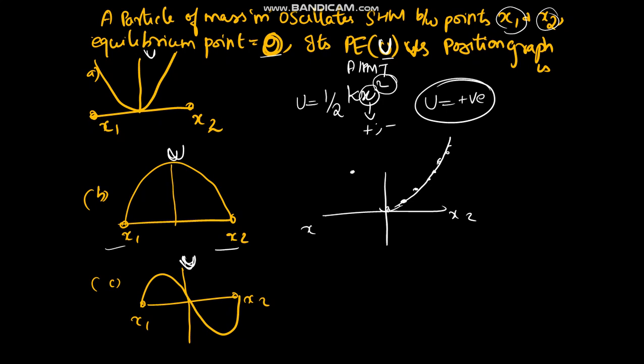Similarly, if x1 is negative, since the potential energy is 1 by 2 k x1 square, it will be positive. And when you increase the x1 value on the negative side also, the potential energy keeps on increasing and it is a positive value. So the potential energy versus position graph is the first option, graph A.